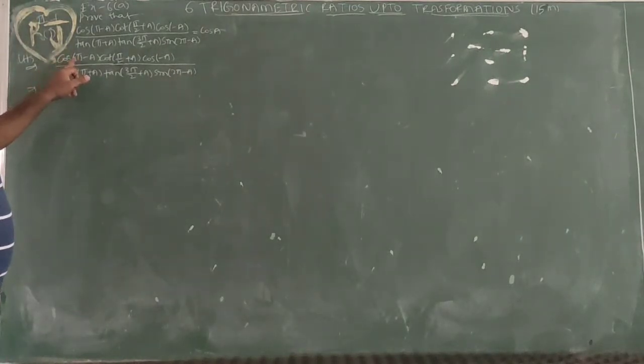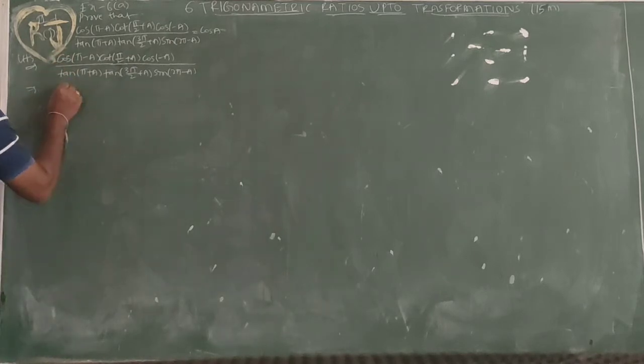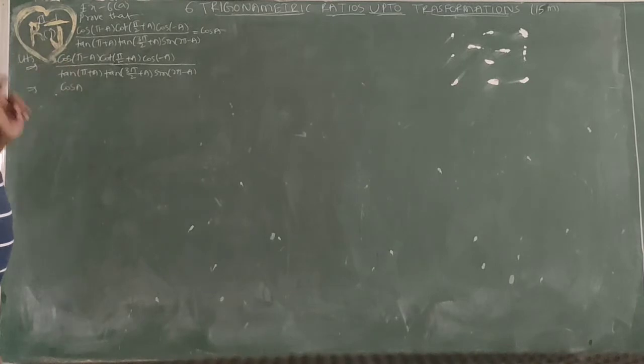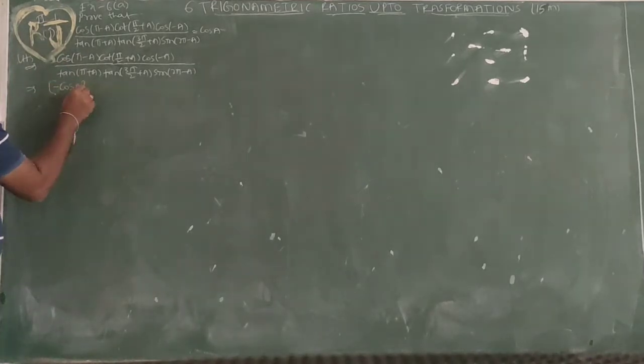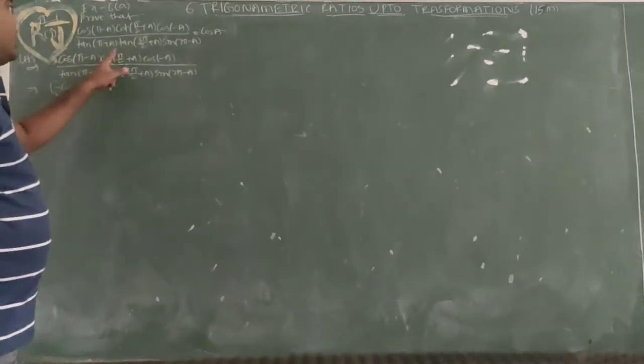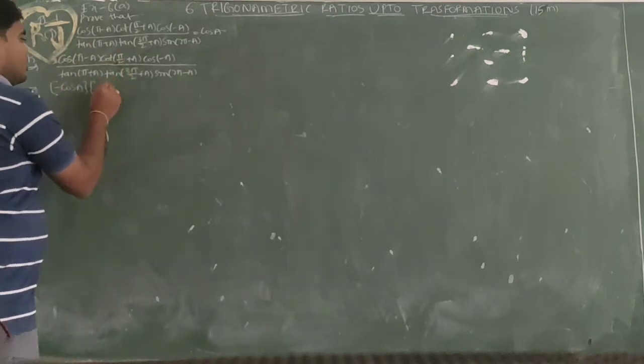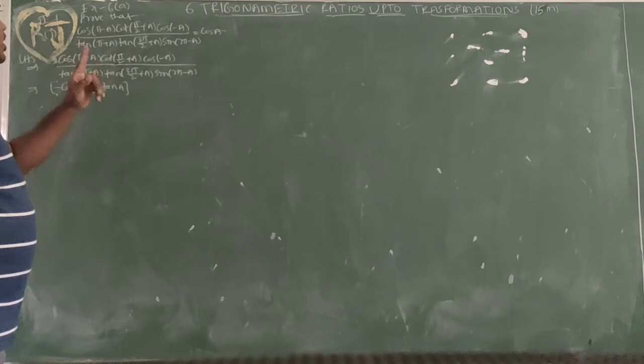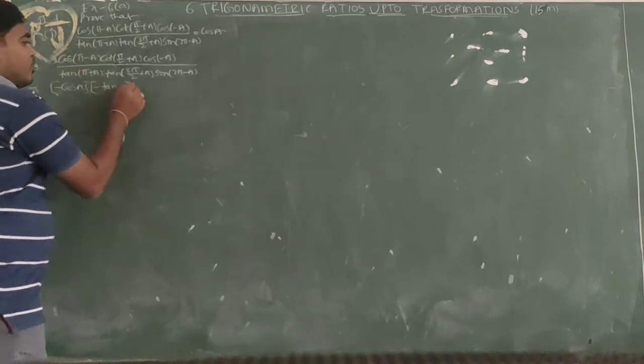Okay, now 180, cos of 180, 180 means cos will remain cos a. Second quadrant, in the second quadrant cos is negative, so minus cos a. Next 90, 90 means cot becomes tan. 90 plus is second quadrant, cot is negative in the second quadrant.